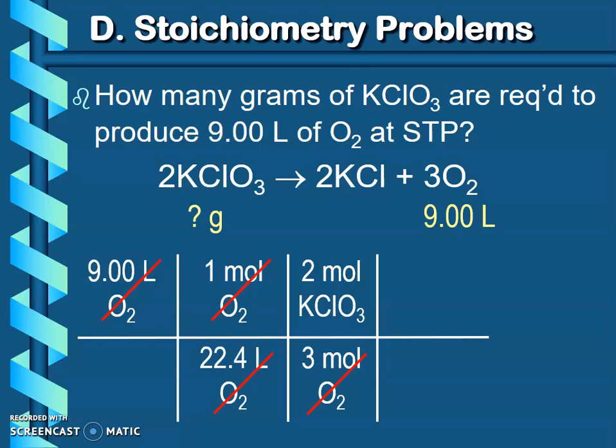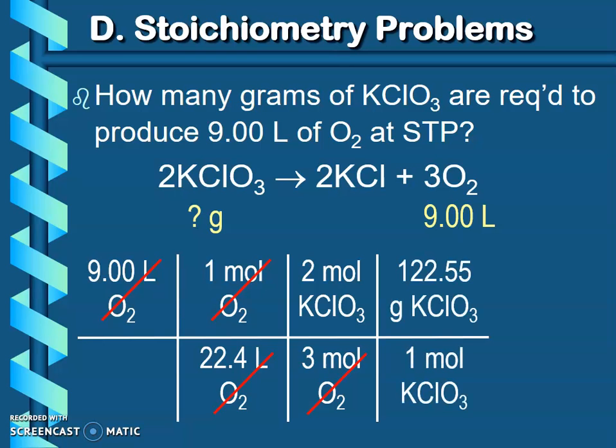I'm partway there, but I'm not done yet, because what is my unknown? It's grams. So I need to go from moles to grams. So how do I go from moles of KClO3 to grams? I need to use my molar mass. Where does my molar mass come from? The periodic table.